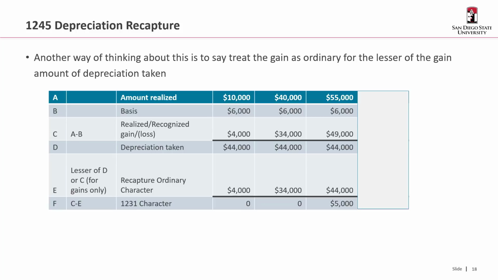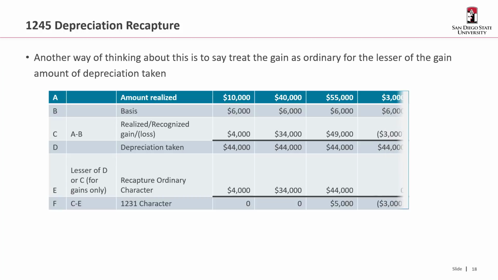As a result, you can see that the interaction between 1231 and 1245 does exactly that. It captures the true appreciation and treats it as a long-term capital gain. Well, at least a 1231 capital gain, and then to the extent we mix it up with losses and gains later, that really determines its character. But at least from the outset, it's designed to treat that as a capital gain.